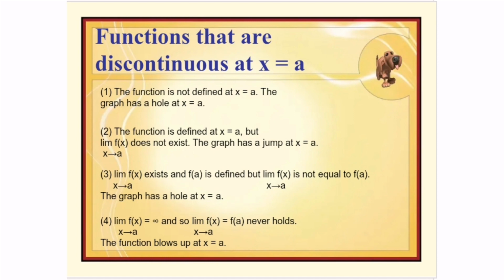Fourth point, if the limit as x tends to a does not exist, and the limit as x tends to a of f of x equal to f of a never holds, then in this situation, the function blows up at x equal to a.